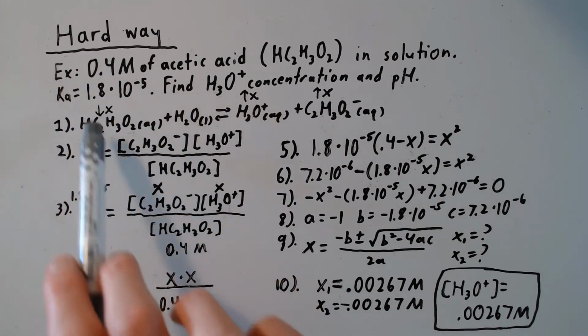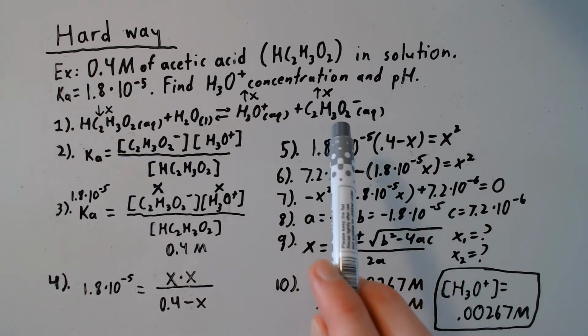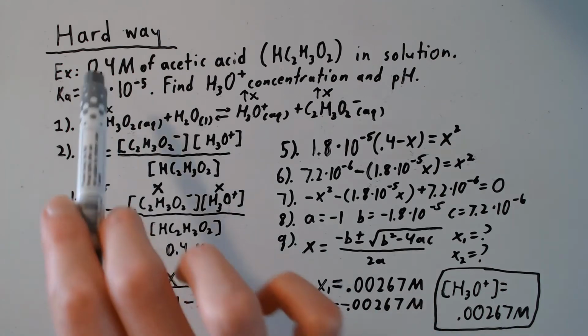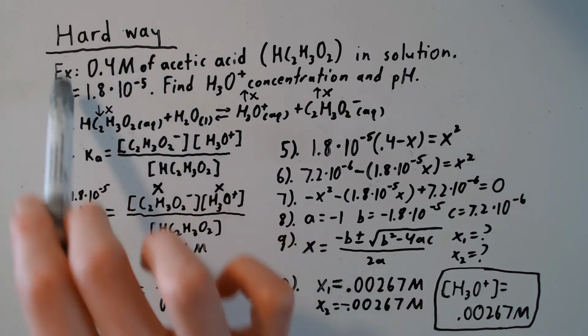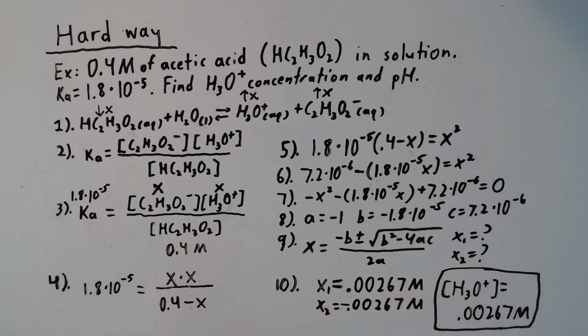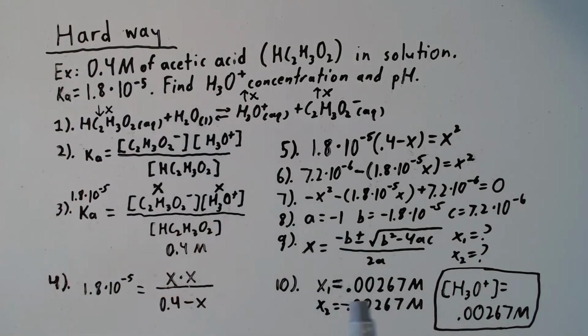Because since the acid dissociates in a 1-to-1 ratio to the product produced, you cannot have more of this concentration produced than the concentration of the acid initially. That would be physically and chemically impossible. So in this case, the concentration 0.00267 molar is significantly lower than 0.4 molar of the initial acetic acid concentration. Now, that would be our concentration of H3O+.